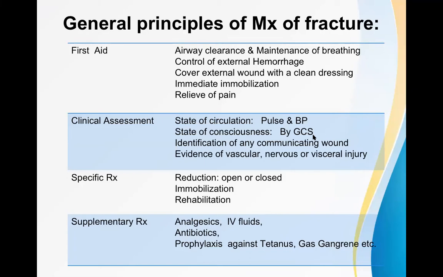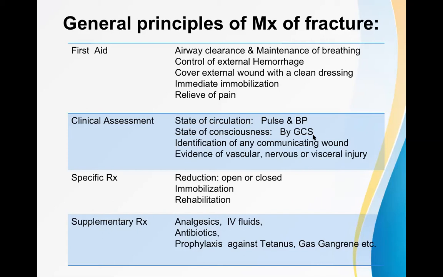These three are important features of the Glasgow Coma Scale. Each of them has a different score there. And what is the maximum score? 15. Minimum 3. Very good. Minimum is 3, maximum is 15.